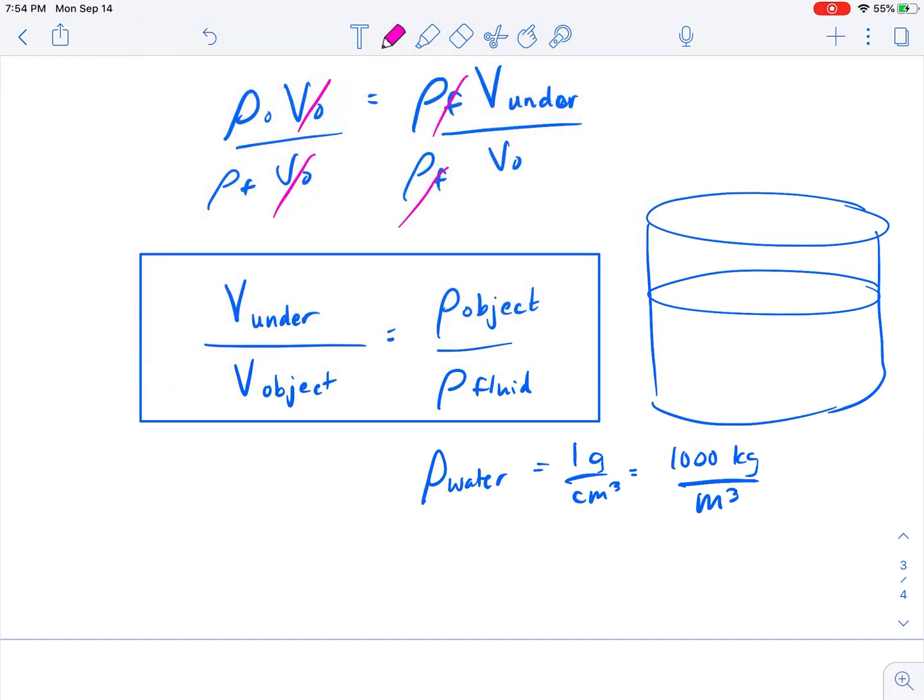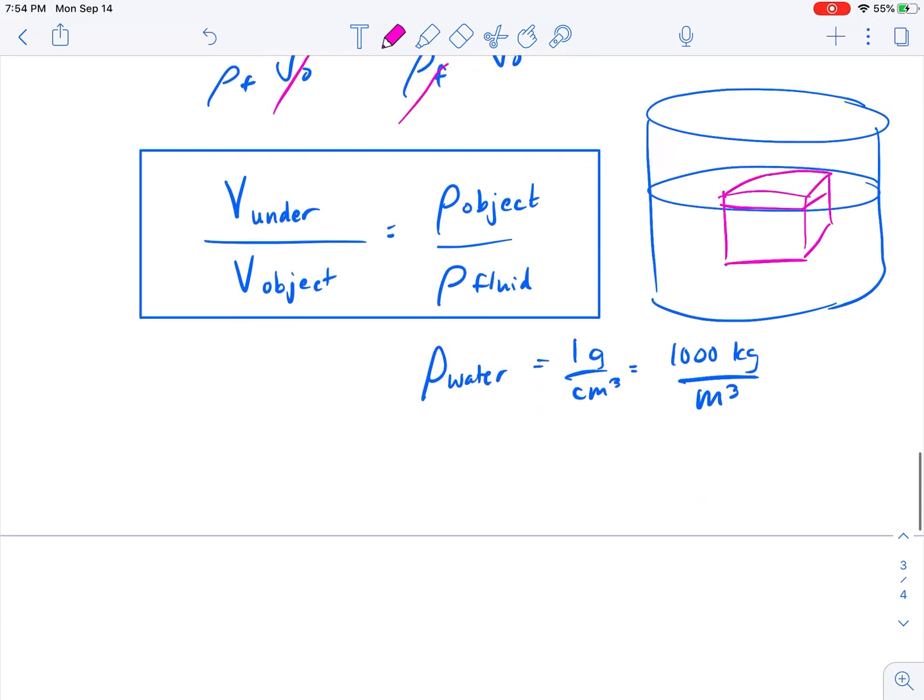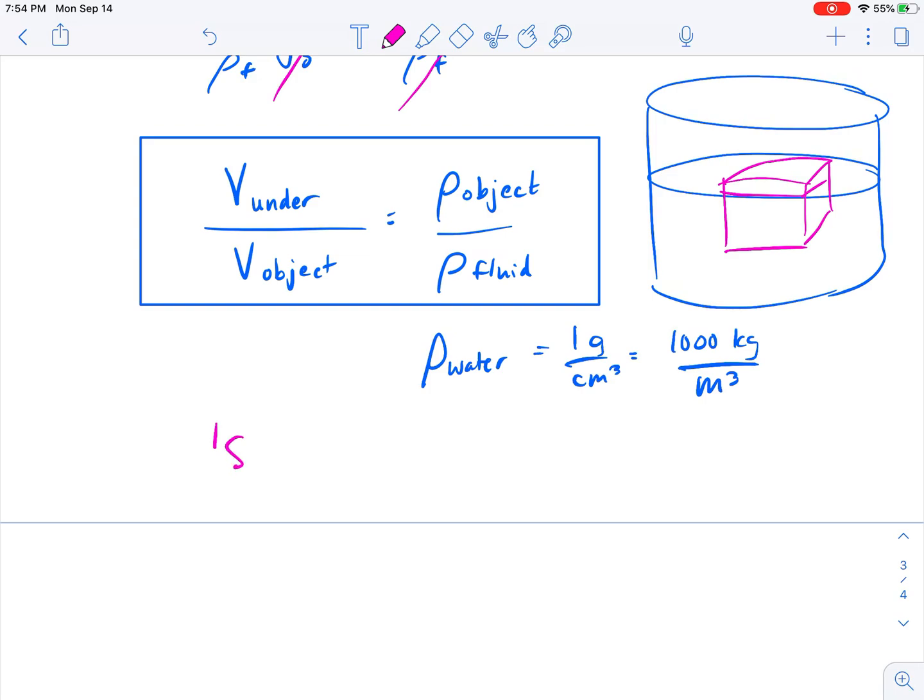We'll make it a cubic object. And let's say that 7/8 of the object is underwater and 1/8 is above.